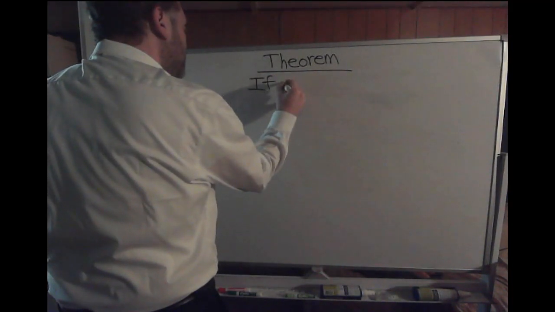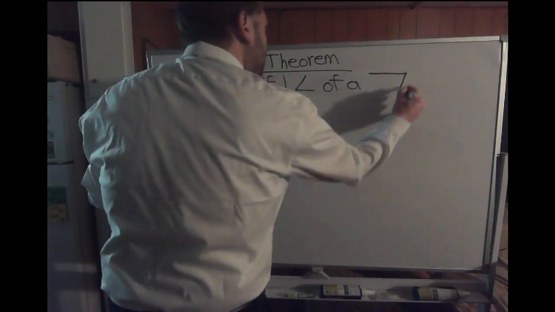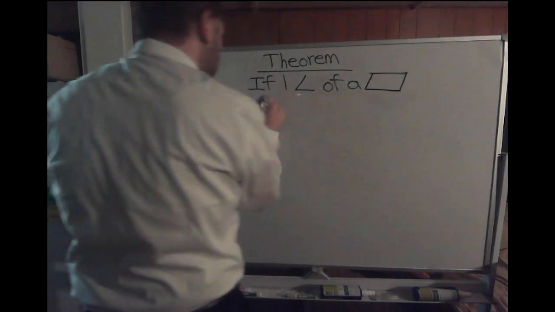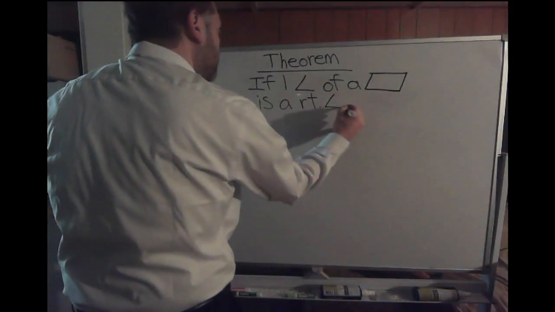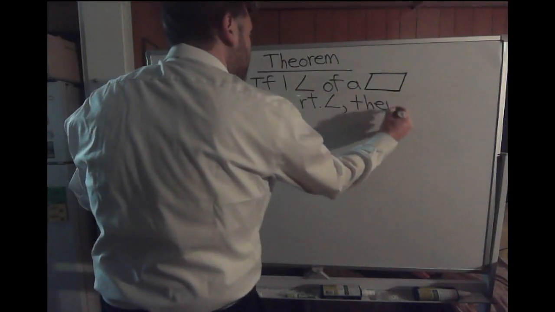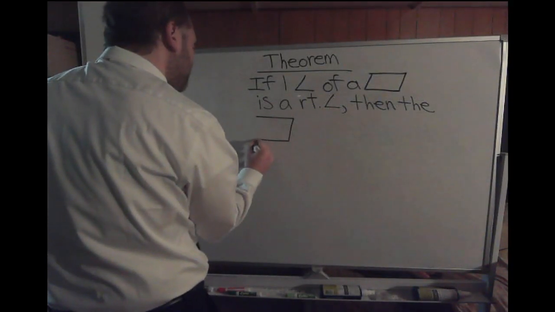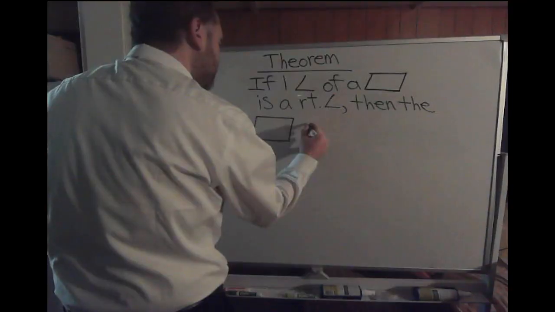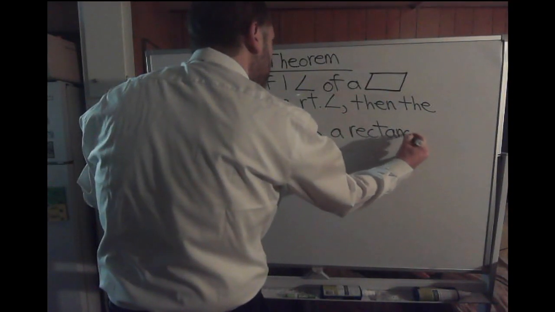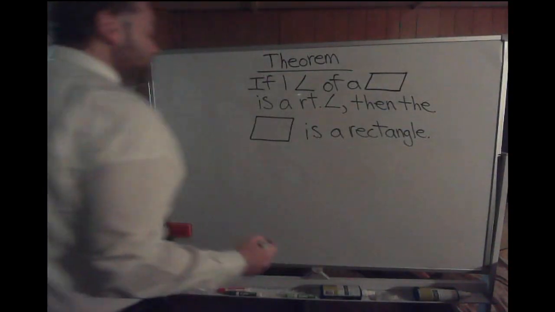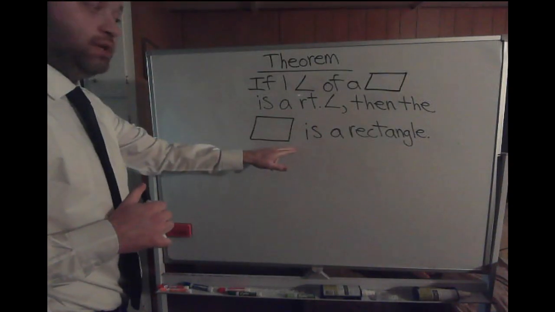This one is: if one angle of a parallelogram is a right angle, then the parallelogram is a rectangle. So this theorem states that if one angle of a parallelogram is a right angle, then the parallelogram is a rectangle.